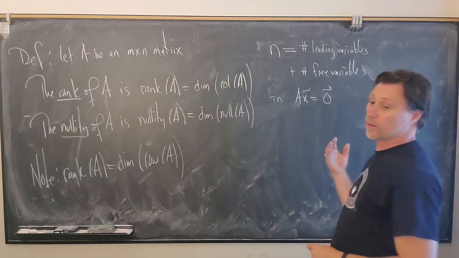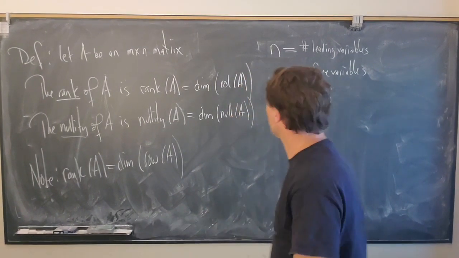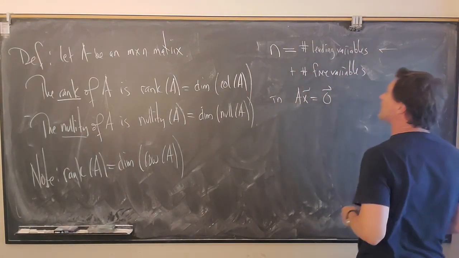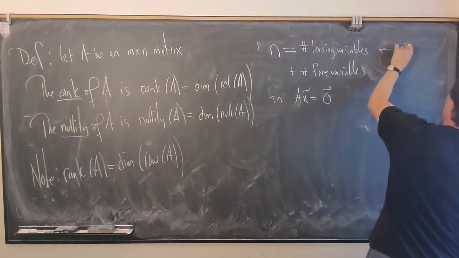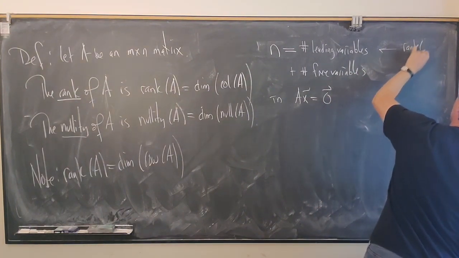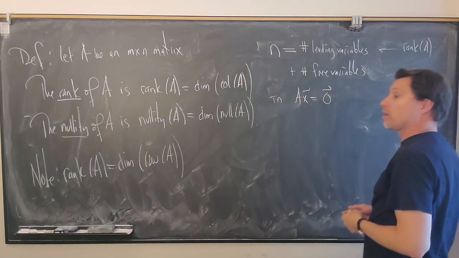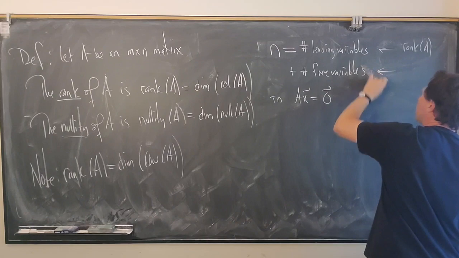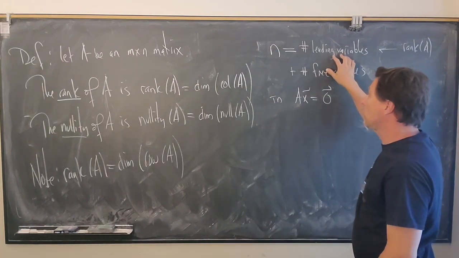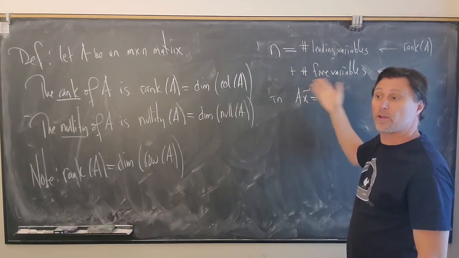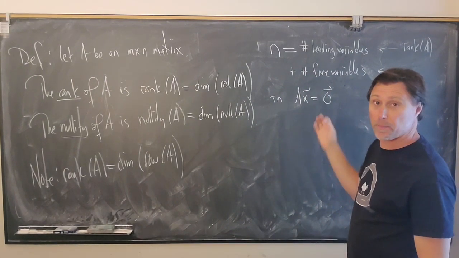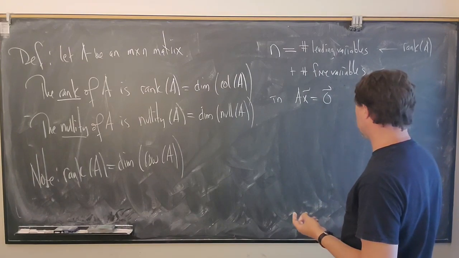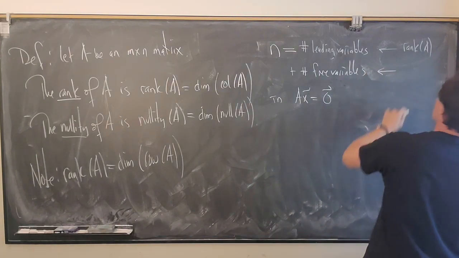I mean, you're either a free variable or a leading variable. The number of leading variables is exactly equal to the rank of A. That's the dimension of the column space, the number of pivot columns. And if you're not a leading variable, then you're a free variable, and the number of free variables corresponds exactly to the number of basis vectors in a basis for the null space.